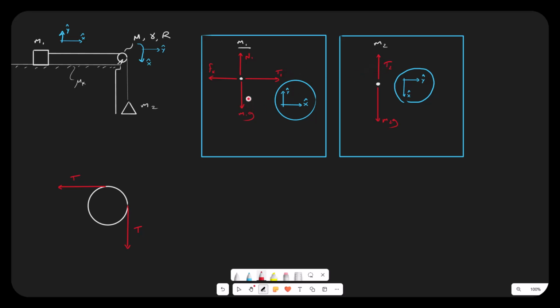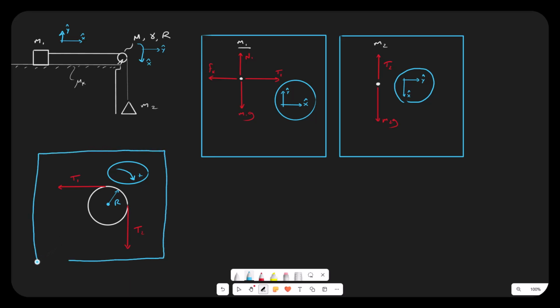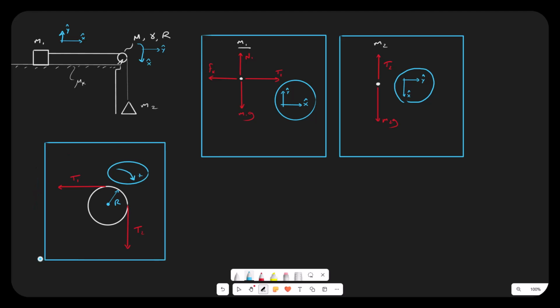So there's a tension 1, there's a tension 2, which means over here I have a tension 1 and a tension 2. These are happening at a full distance of r from the axis of the pulley. I called motion to the right my positive x direction. So I'm calling this direction of rotation my positive rotational direction. And I have a torque diagram for my pulley.